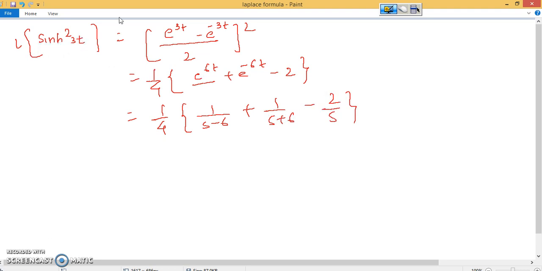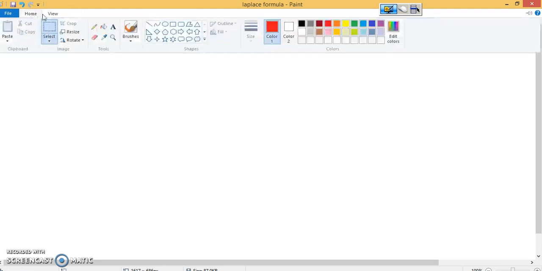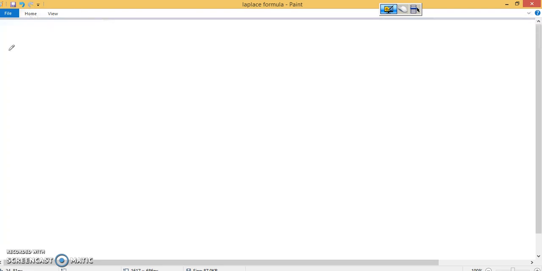So now we will see the properties. There are mainly 4 properties in the Laplace transform, and I am not going to derive them here. I will only cover their importance for the students, so they can solve the problems, study at the last moment, and prepare for the examinations.